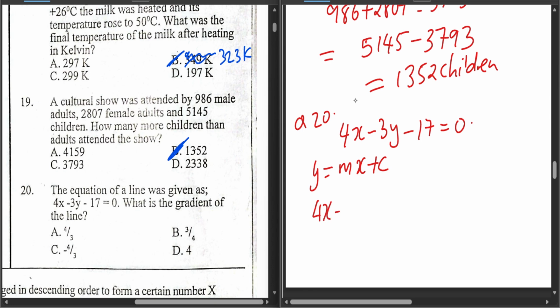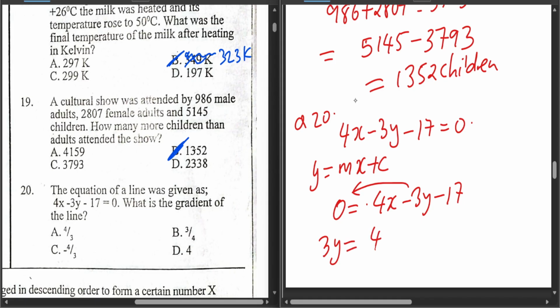So obviously 4x minus 3y minus 17 equal to 0. Let's write it like this so that it becomes much easier. We can write 0 equal to 4x minus 3y minus 17. Then minus 3y put to the other side so that you can have 3y equal to 4x minus 17. It became positive because once you migrate it to the other side, it's going to become positive.